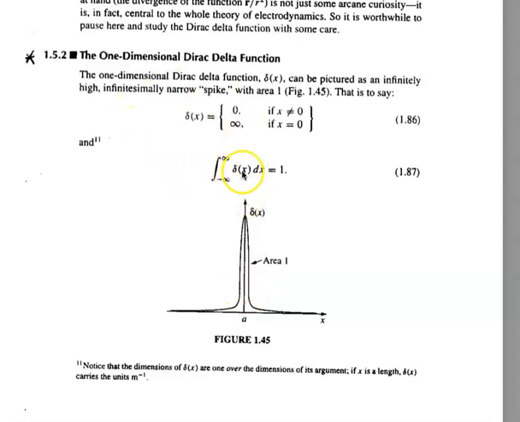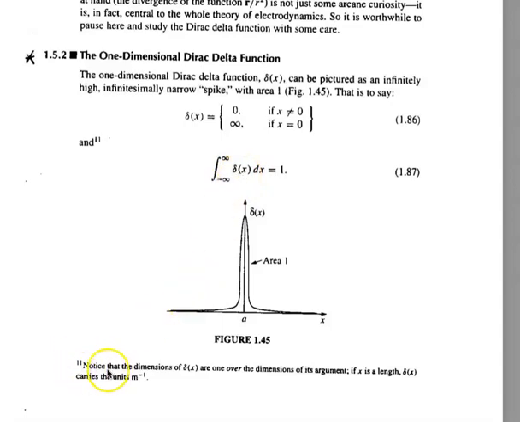Not only that, the integral of the delta function has a finite value. The integral of it, in this case, is 1. It's a unitless quantity. So if dx has units of meters, then delta x has units of inverse meters.